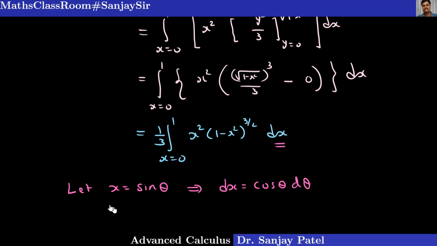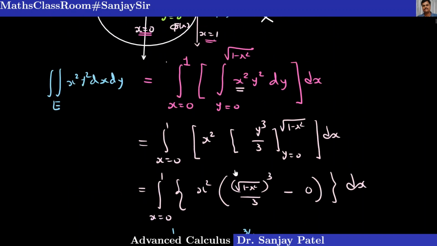Further, these are the limits of x, so we have to find the corresponding limits of the new variable theta. When x equal to 0, theta is also 0, because sine theta is 0 means theta is equal to 0. And when x is equal to 1, I can take theta equal to pi by 2, because we are in the first quadrant.